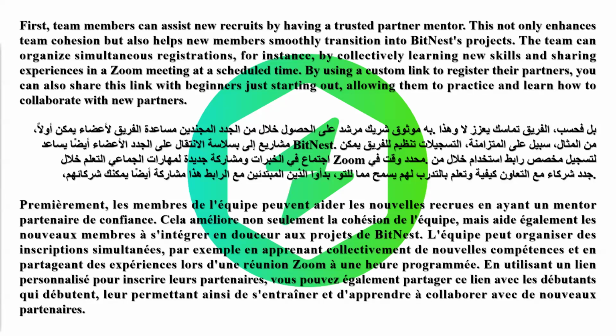The team can organize simultaneous registrations, for instance, by collectively learning new skills and sharing experience in Zoom meetings at a scheduled time. By using a custom link, register their partners. You can also share these links with beginners just starting out, allowing them to practice and learn how to collaborate with new partners. All right.